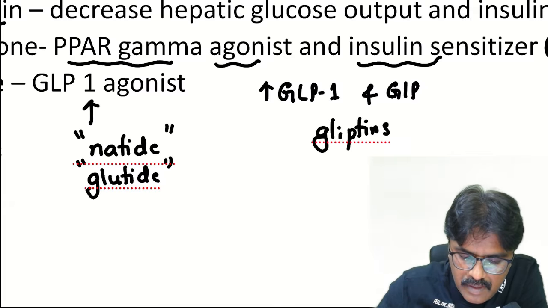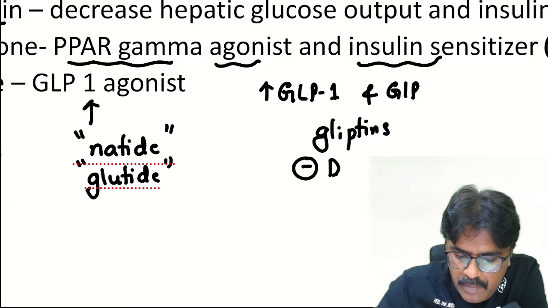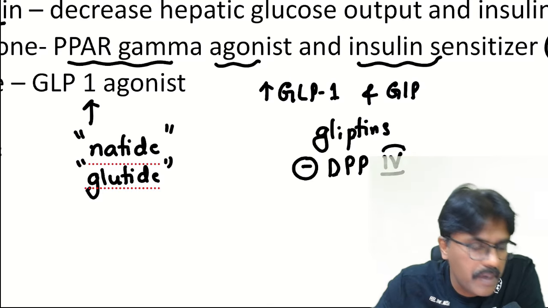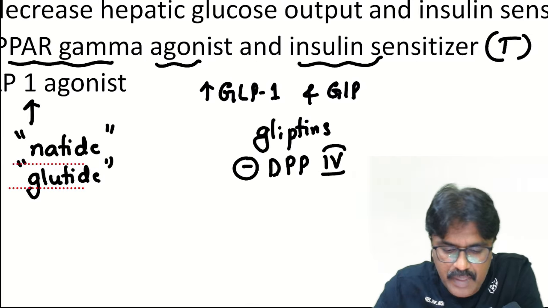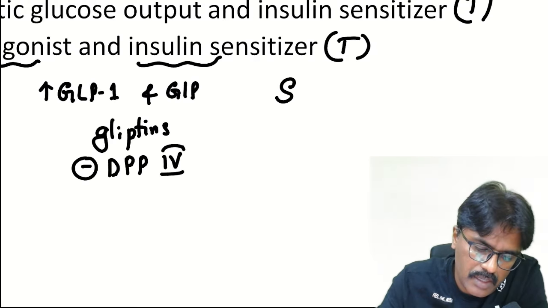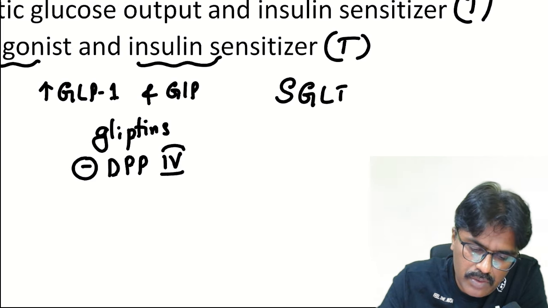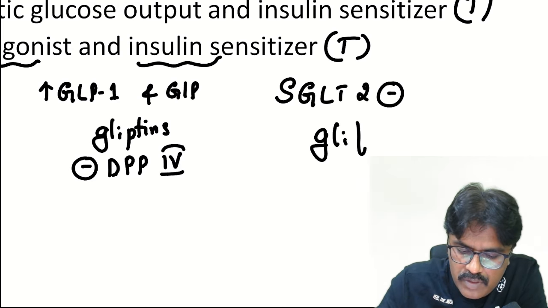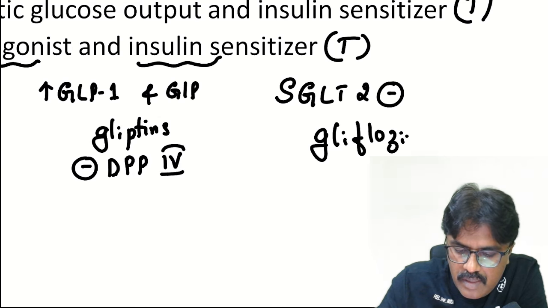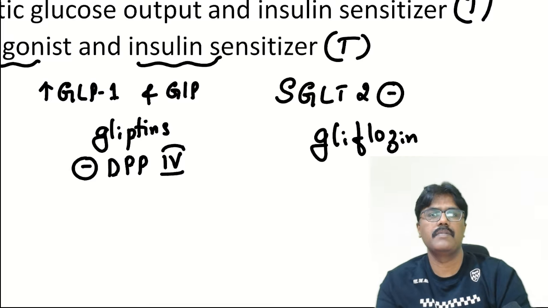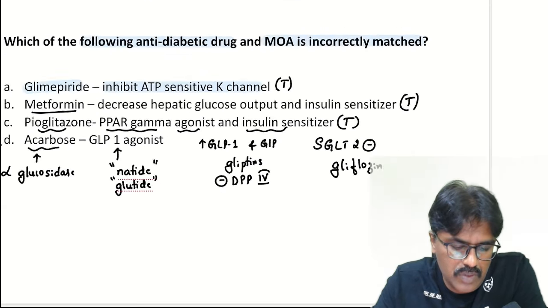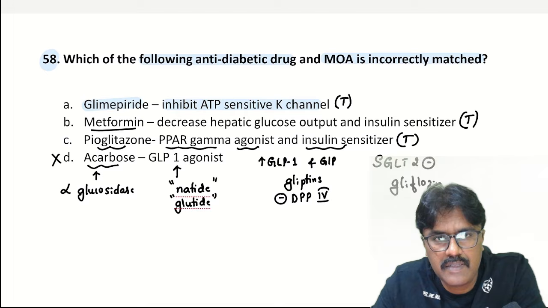Gliptins inhibit an enzyme called DPP4, which stands for dipeptidyl peptidase 4. Again, they will test you on what drugs are SGLT2 inhibitors. They end with the name gliflozins: empagliflozin, dapagliflozin, canagliflozin. So this is about the mechanism of various anti-diabetic drugs.